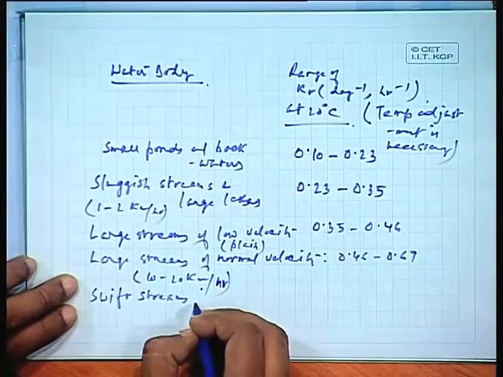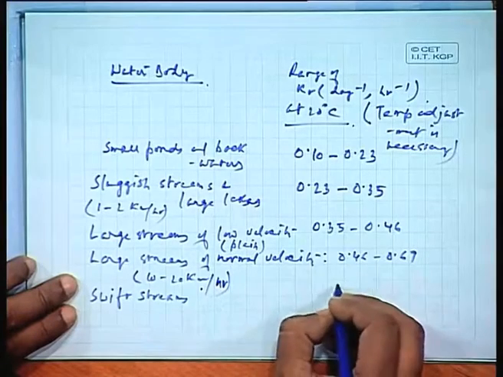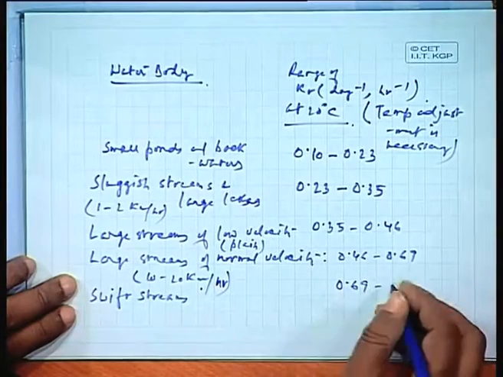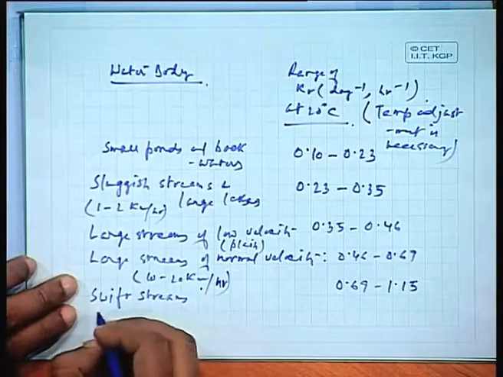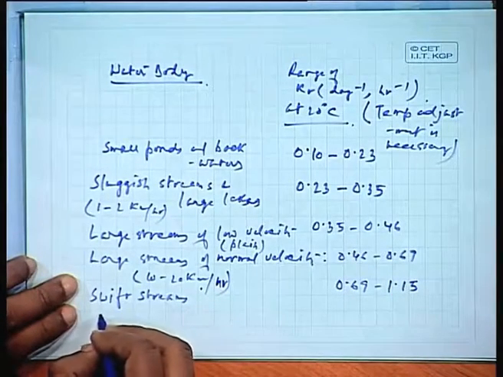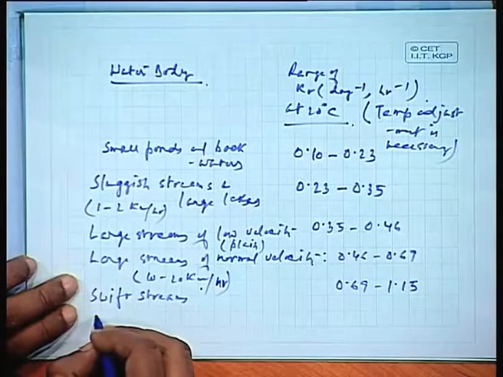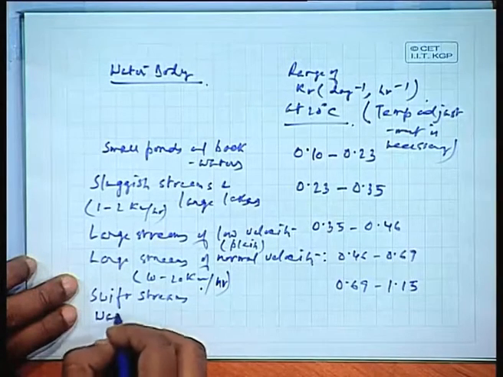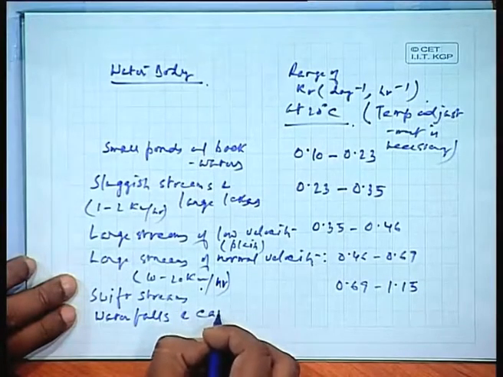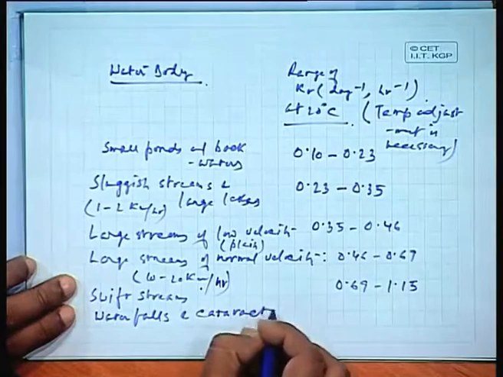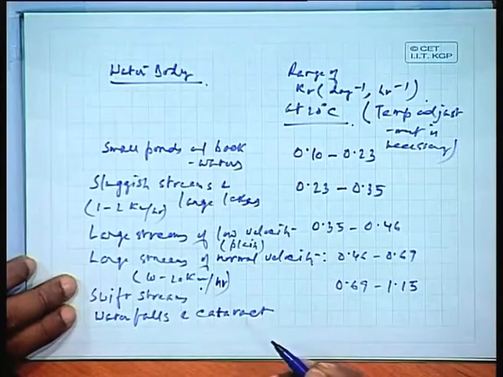Wherever there is a mountainous region, the swift streams that we generally see are 0.69 to 1.15, and then rapids, waterfalls and cataracts.